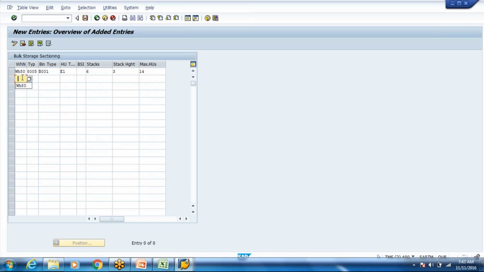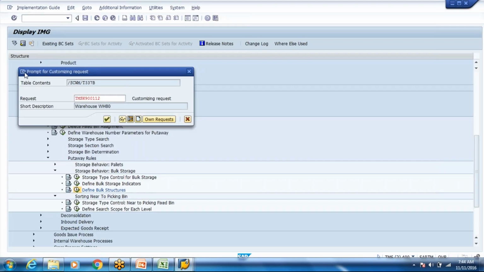Same way, whenever we are going to place it into B001, if it comes in cartons, C1 allow 13, 2 and 22. Okay, so this is the bulk structure.